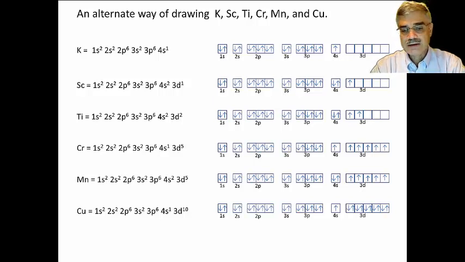You add another electron to form manganese, it pairs up the 4s to 4s2, but it still has 5 unpaired electrons in 3d5. And then copper also recruits an electron from 4s2, leaving 1 unpaired electron in the 4s, and winding up with a completely filled 3d subset.